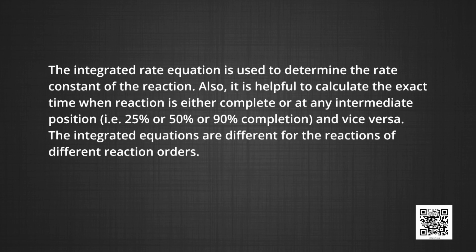Also, it is helpful to calculate the exact time when reaction is either complete or at any intermediate position, that is 25% or 50% or 90% completion and vice versa. The integrated equations are different for the reactions of different reaction orders. We shall determine these equations only for zero and first order chemical reactions.